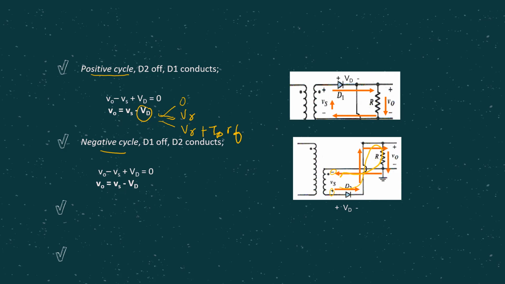Although we have another loop, in the end we still get V naught equals Vs minus Vd. Meaning for the positive half cycle we get a V naught value, and for the negative half cycle we also get the same V naught value.